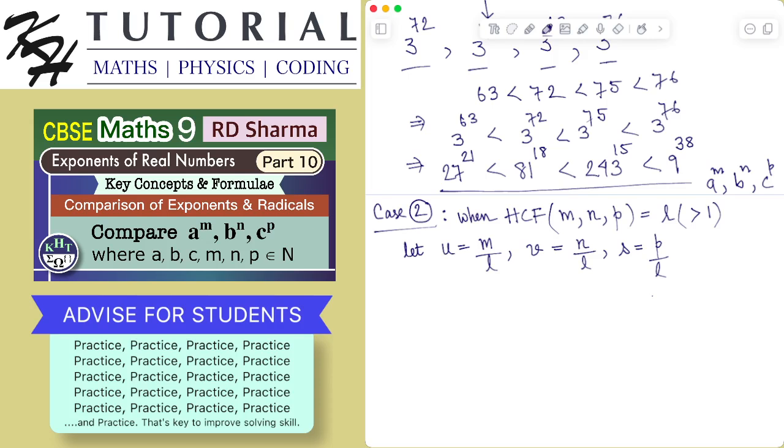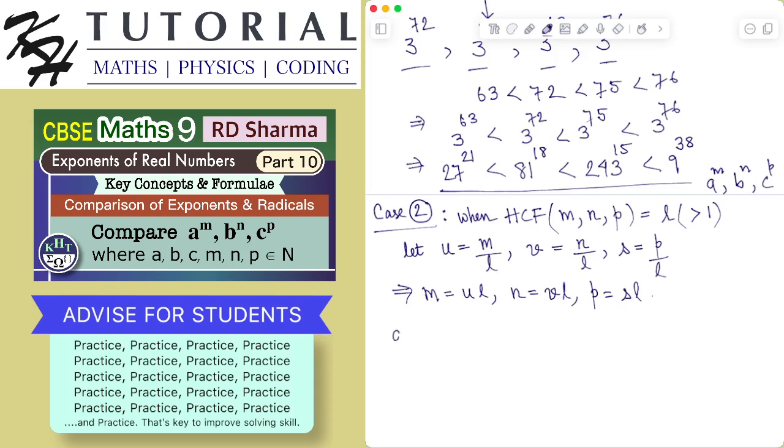So let U be equal to m by L, V is equal to n by L, and S is equal to p by L. Now we see that m is equal to UL, n is equal to VL, and p is equal to SL.